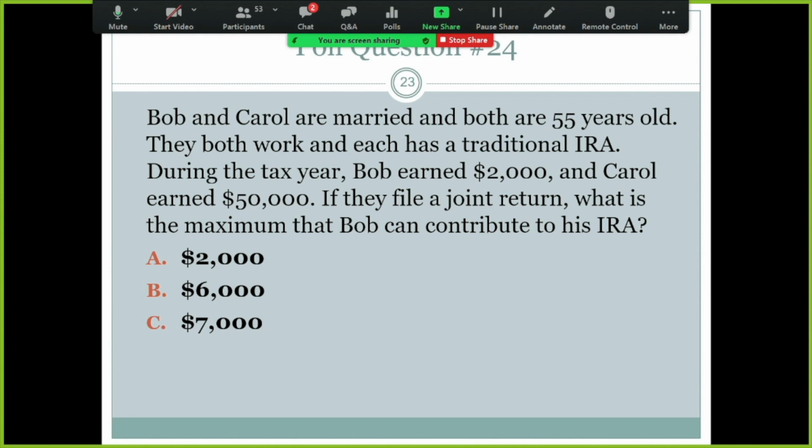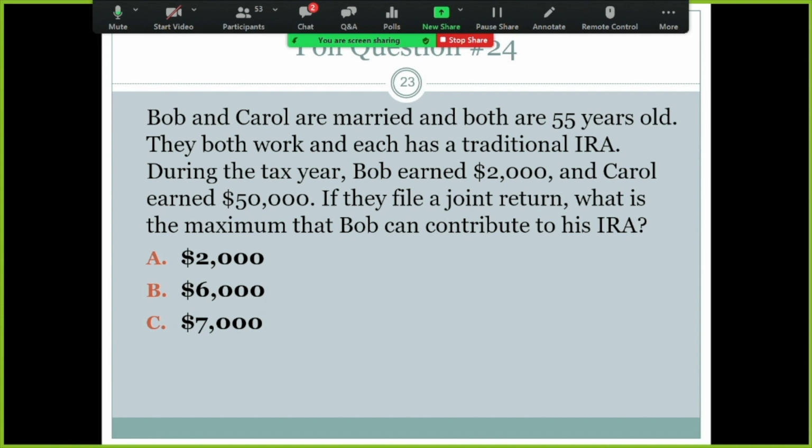Number 24, Bob and Carol are married and both are 55 years old. They both work and each has a traditional IRA. During the tax year, Bob earned $2,000 and Carol earned $50,000.